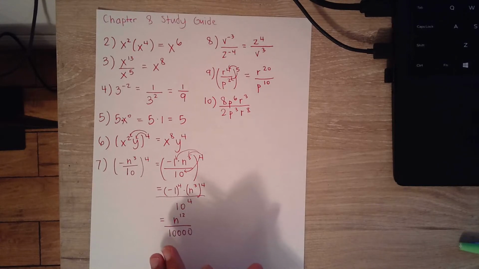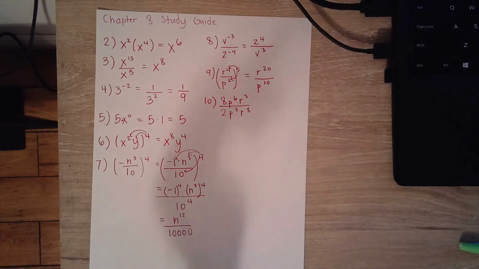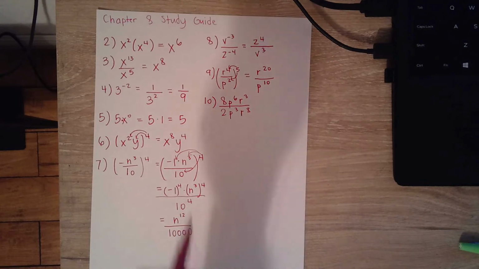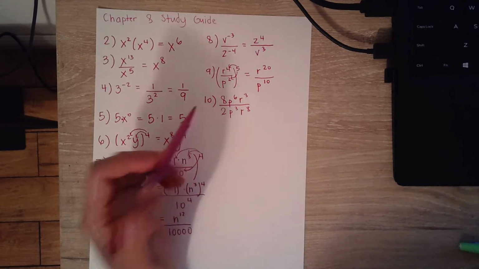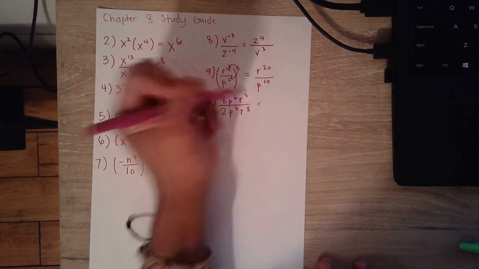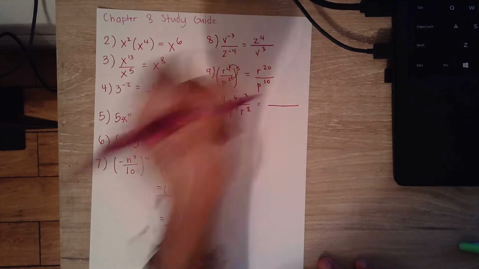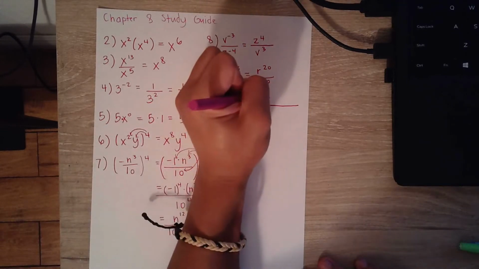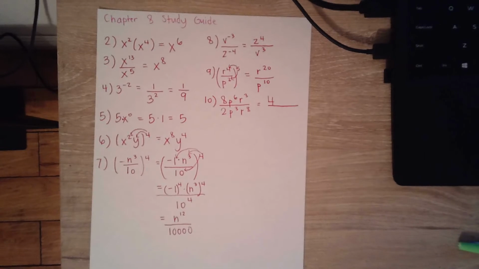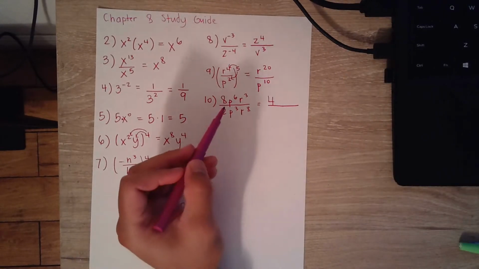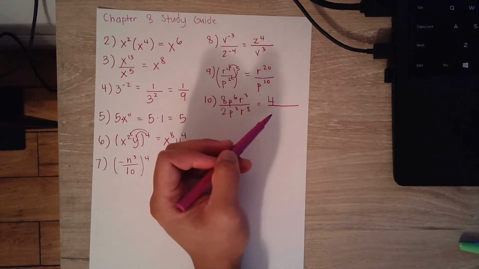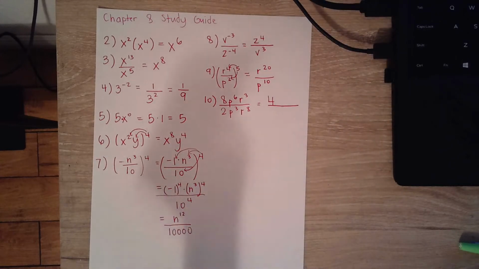All right, question number 10. All right, so first, as you guys know, we start by thinking of our numbers first. So 8 divided by 2, that would give us 4. All right, so let's create a fraction. 8 divided by 2, that gives us 4, as I said. We have to write that in the numerator. Write it in the denominator, remember that's sort of like 1 divided by 4.